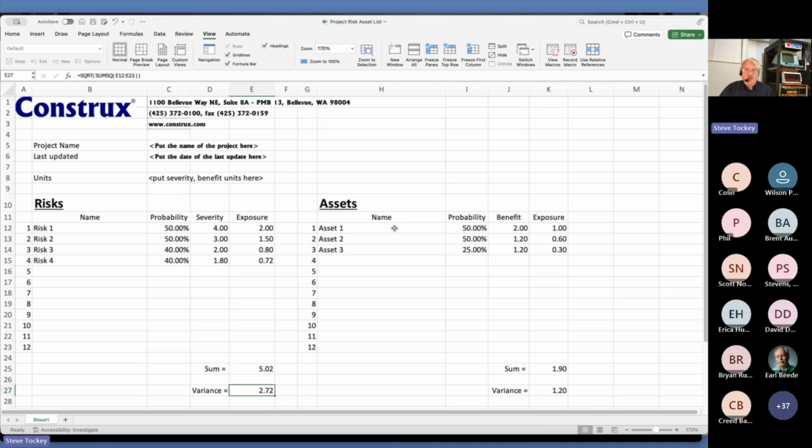The same idea on the asset side. Here's my asset. Here's how likely I am to be able to take advantage of it. If I am able to take advantage, this is how much I get out of it. Here's the sum. Here's the variance. Okay.